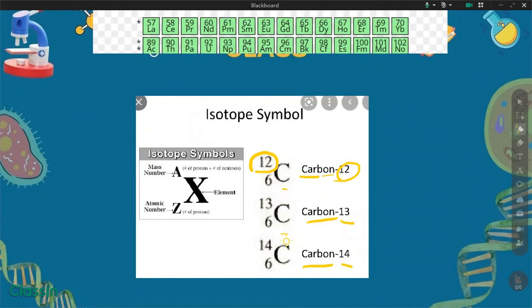This is the atomic number of the element, and it has 6 because that signifies that the protons are the same. So this is how you're going to put the symbols for isotopes, or what we call your nuclear notations.